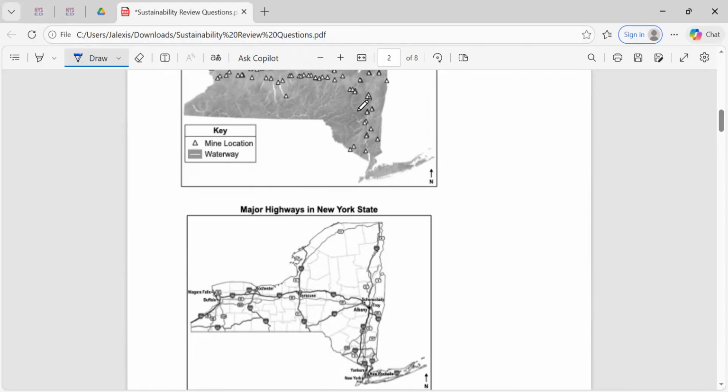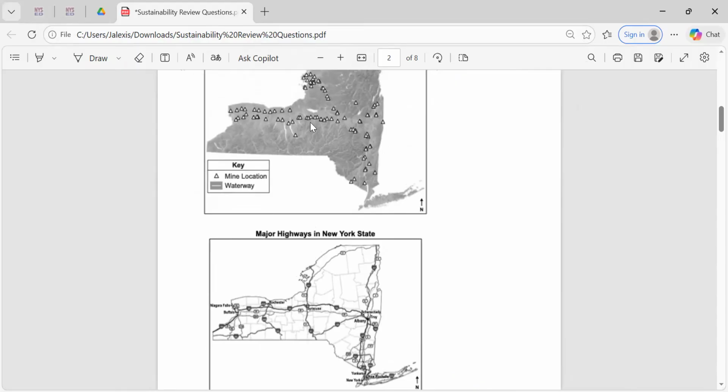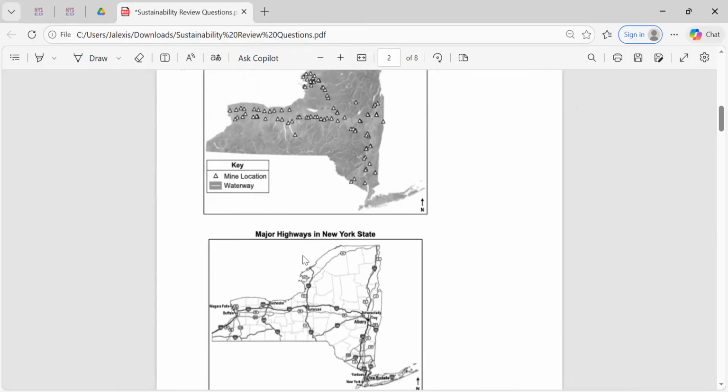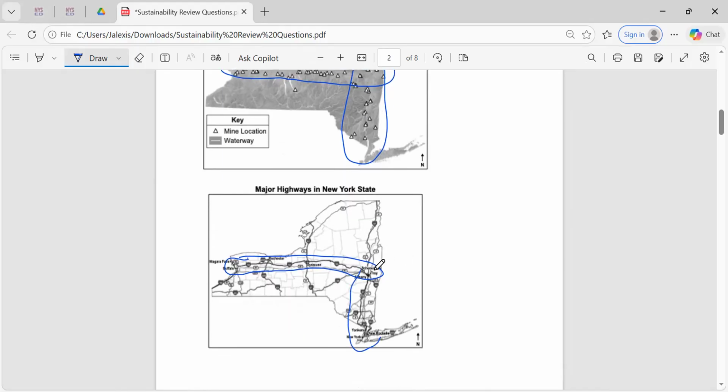You can even pause the video to see whether there is some sort of relationship between where the mines are located and the highways that I see. When I'm looking, I see a whole bunch of mines right around here, and I see major highways in that same area. I see mines, the triangles, bunched up around this eastern part of New York, and I see these lines that also represent highways.